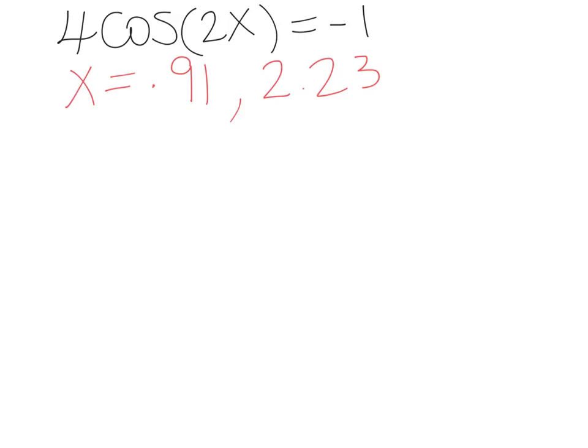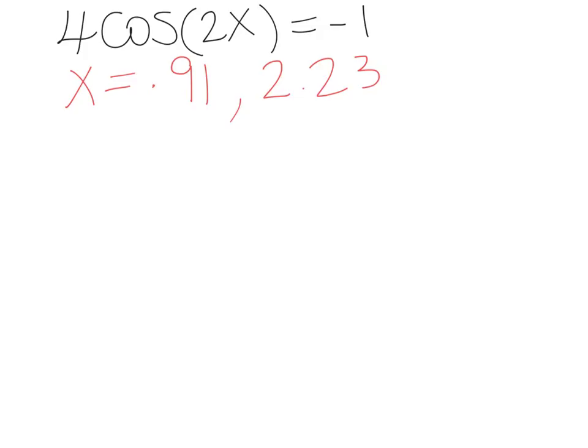So the answers that we found represent the answers for just one cycle of the graph, for one period. I know the unit circle represents one cycle, where the cycle is 2 pi. However, our new part of the lesson is that we have to look at the actual period of this function.